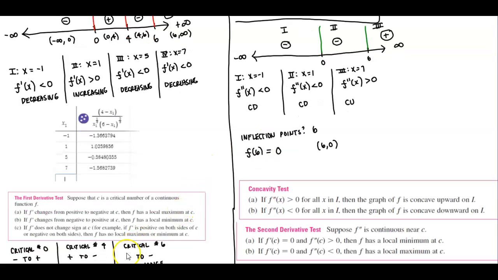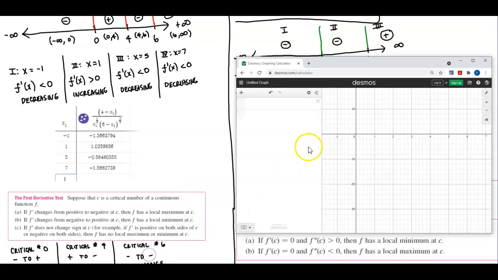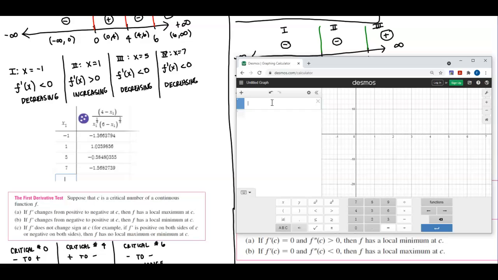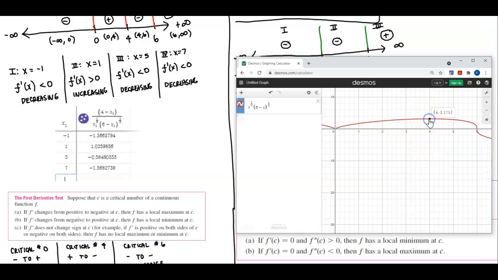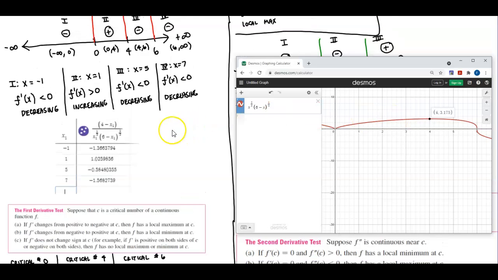And so now let's go ahead and graph this on Desmos to confirm our results. We know that the function is x to the 2/3 times 6 minus x to the 1/3. Okay, so you can see some of our points here.